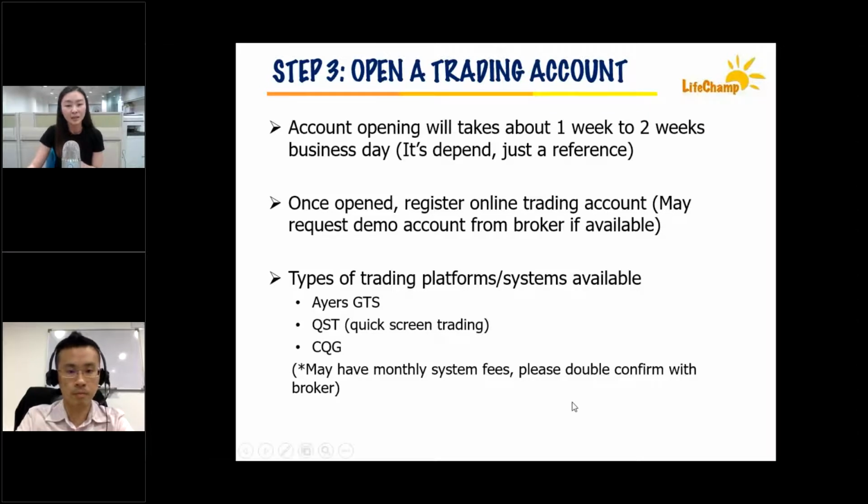In the market, the normal ones would be AES, GTS, QST, and CQG. These platforms may have monthly system fees. So you have to confirm with your broker whether there is a waiver if you trade up to a certain volume, or whether you still need to pay the monthly fee. You have to check with your broker whether there are fees or not.